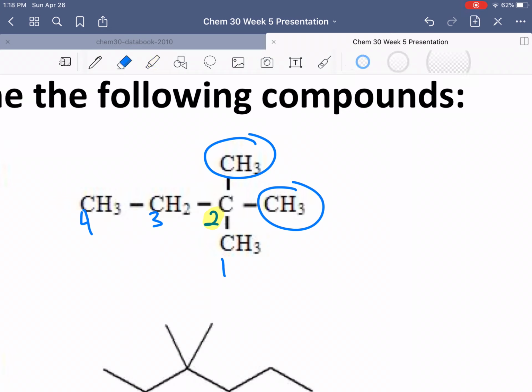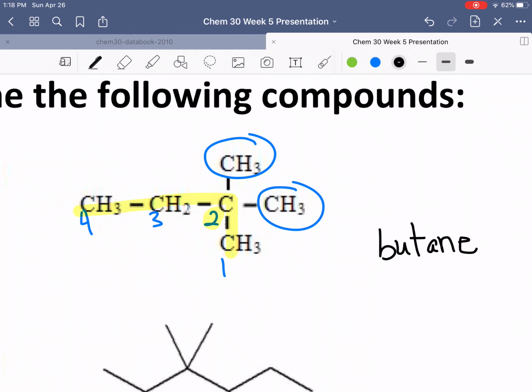Okay, so my parent chain that I can see there is going from here to here. That's my longest length, which gives me a but. So let's start with that. And it's not just a but, they're single carbon bonds, butane. Now I've got 2 methyl groups that I'd circled in blue there.